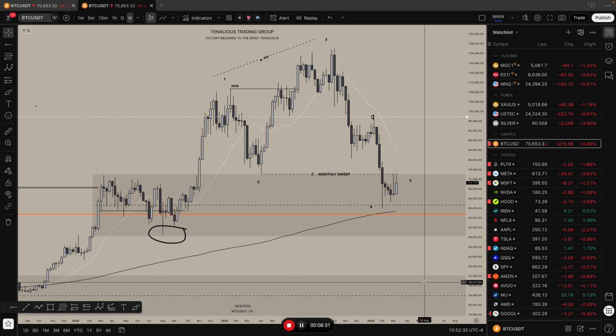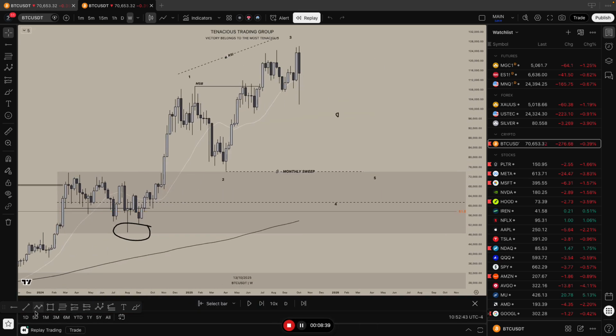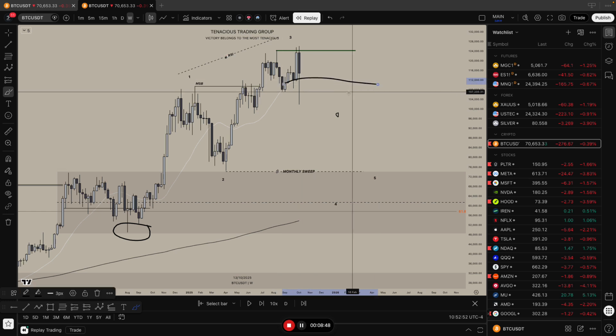So if I take it back a notch, we had a sweep of the highs. We failed to take these highs, but we have a potential expanded reversal. Why? Because the 20 SMA and the 200 SMA are far away.